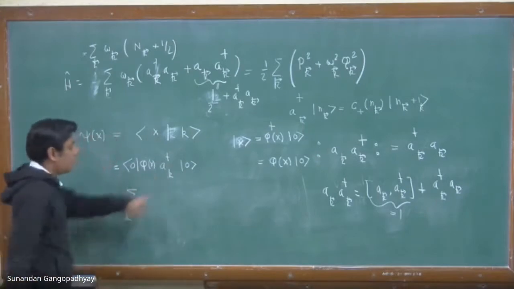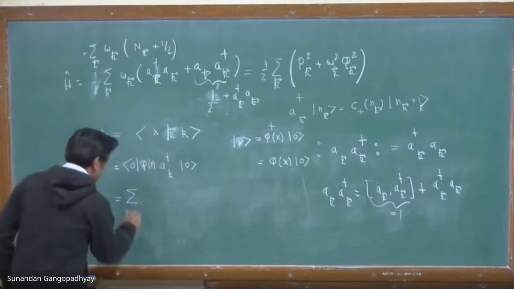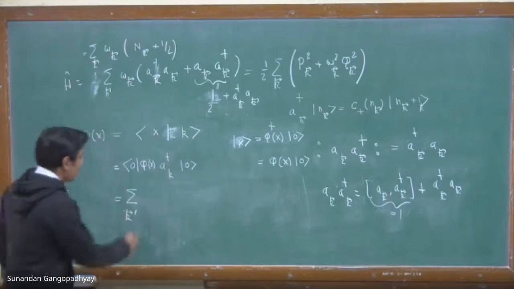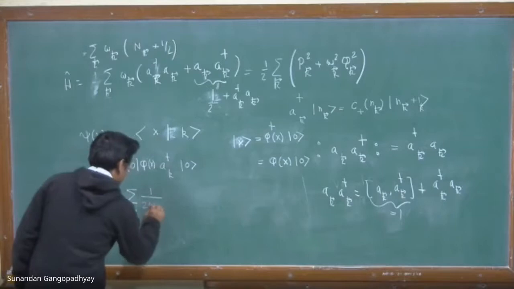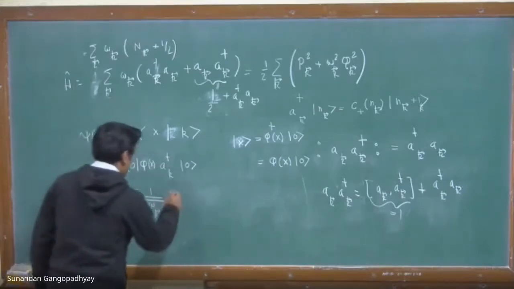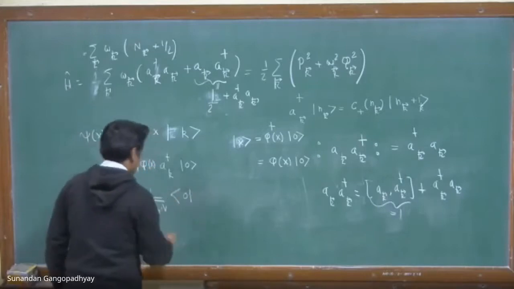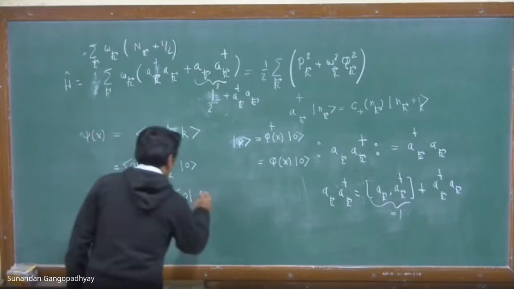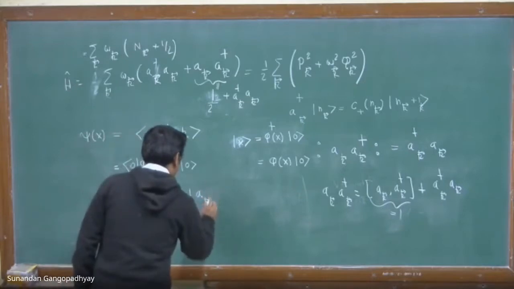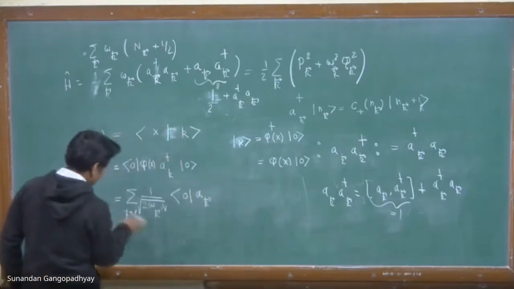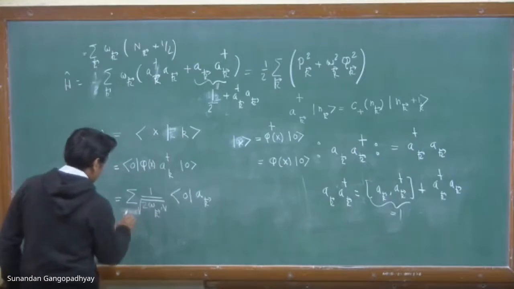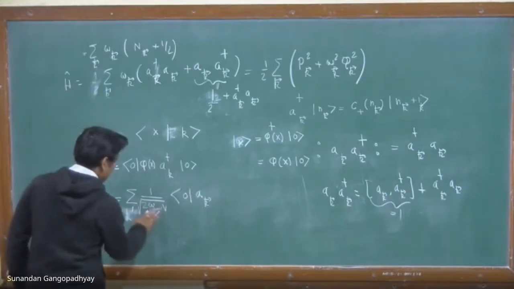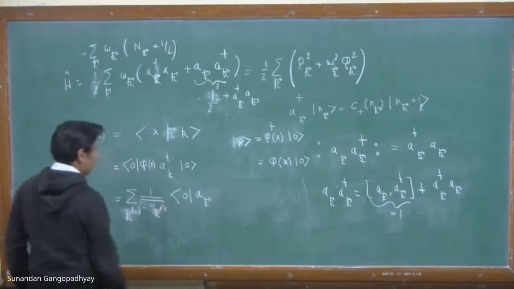Since you already have a k here, let us use a dummy k prime: sum over k prime of 1 by square root of 2 omega k prime volume V. We are using one dimension, so let us just say k prime, not a vector, and omega k prime.